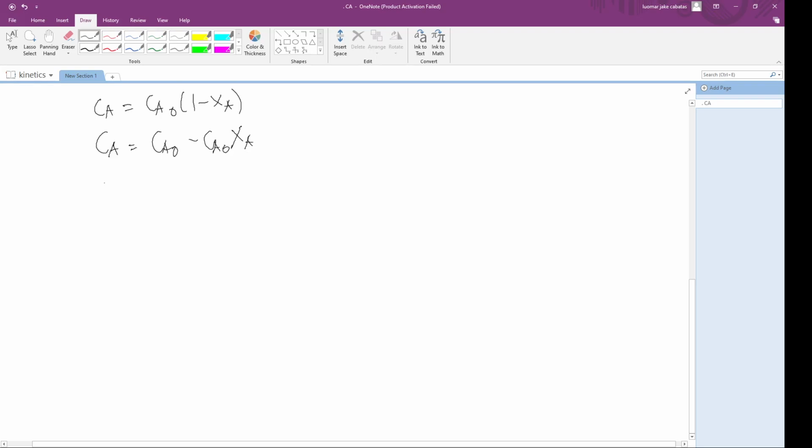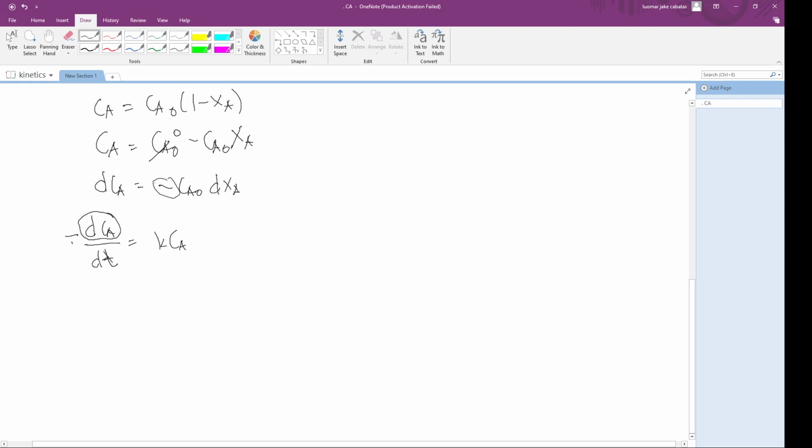Differentiating both sides, we have dCA is equals to, since CA0 is a constant, this becomes 0, negative CA0 dXA. Remember the rate of reaction of A, we have dCA over dt is equals to kCA.